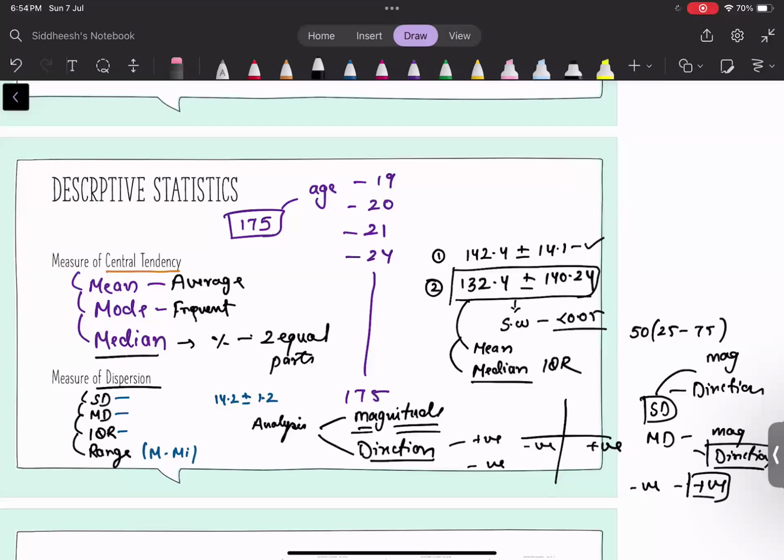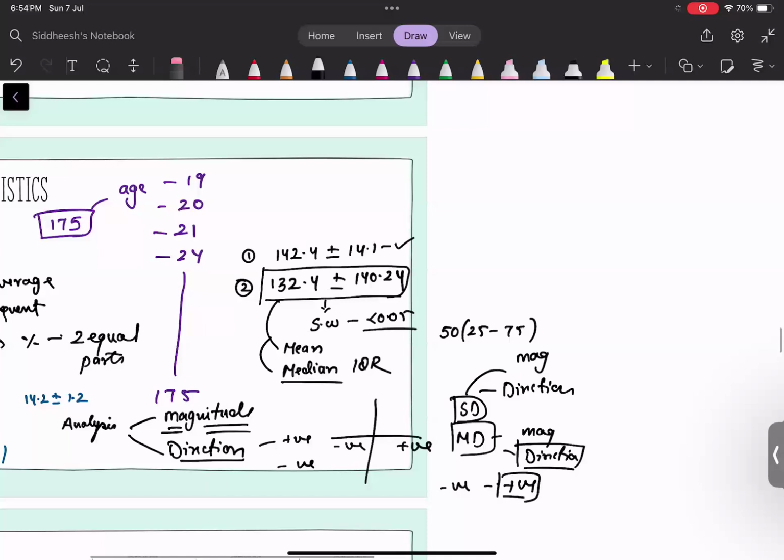What goes wrong with the mean deviation calculation is that we have to follow certain rules. One rule is that if your data is negative, we change it into positive automatically. In the standard deviation, what we are actually doing is squaring the number.